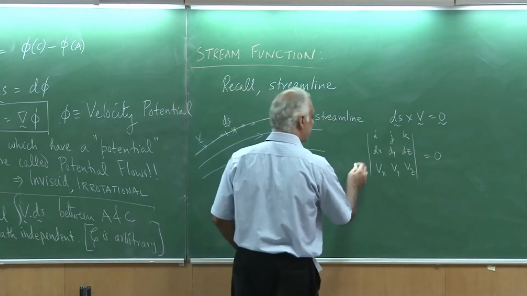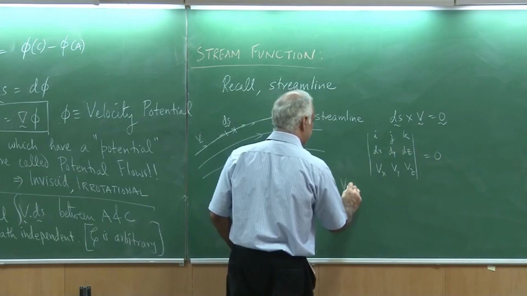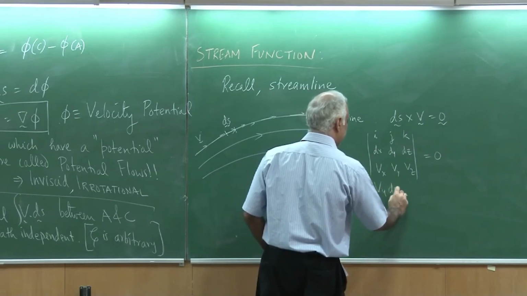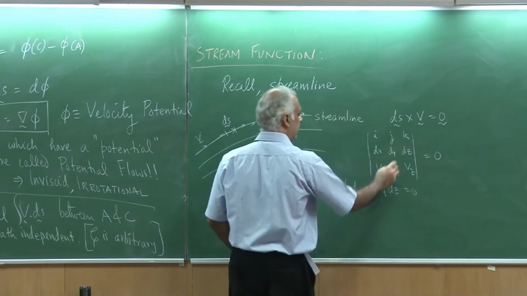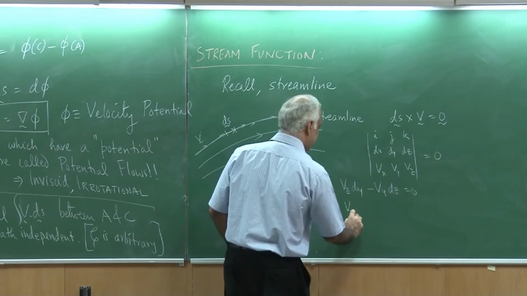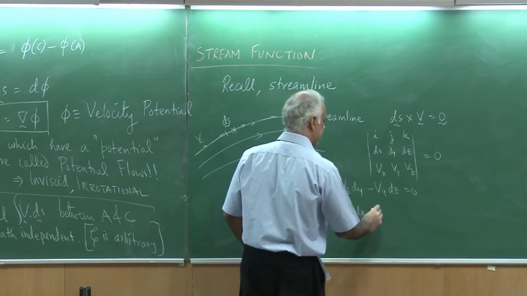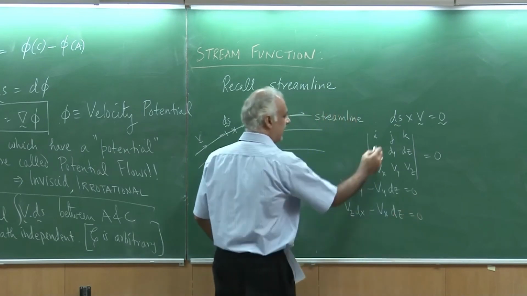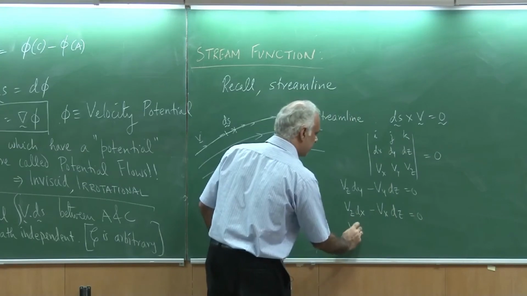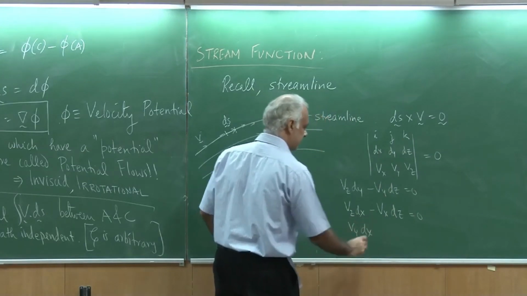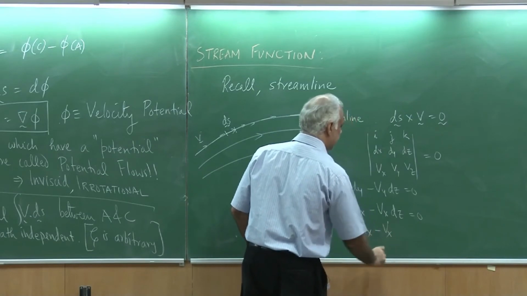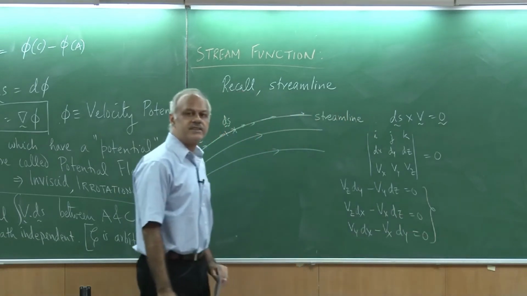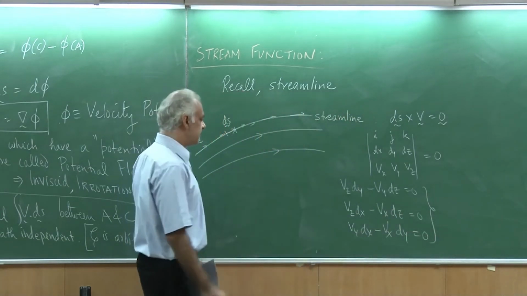So the equation of a streamline would be that vz dy minus vy dz is 0. For the j equation, I get vz dx minus vx dz is 0, and for the k direction I get vy dx minus vx dy is 0.